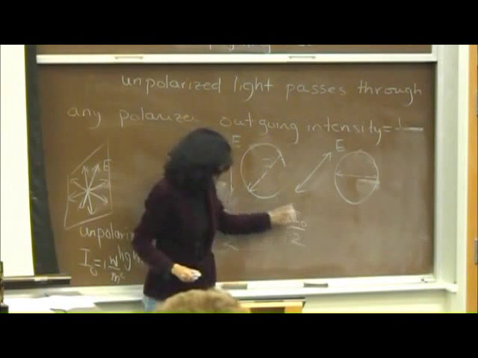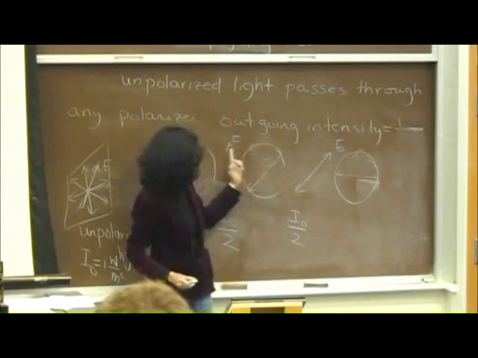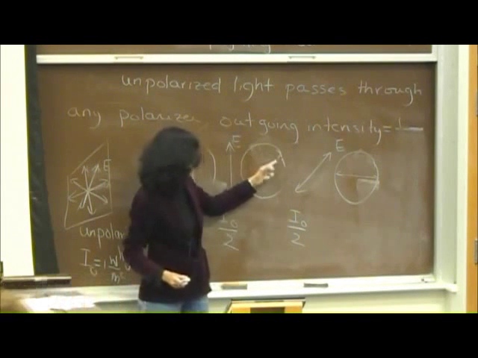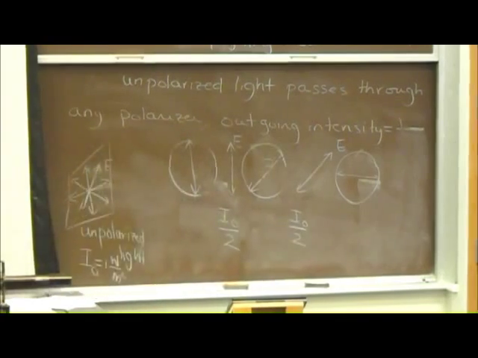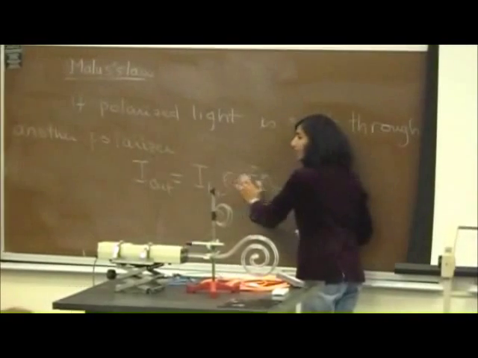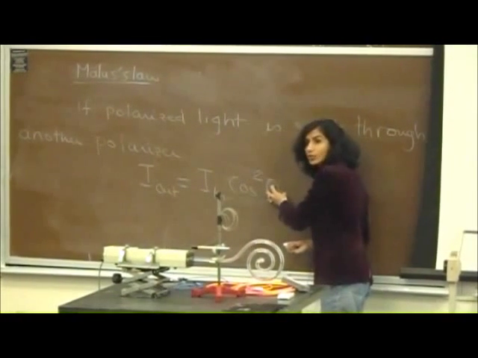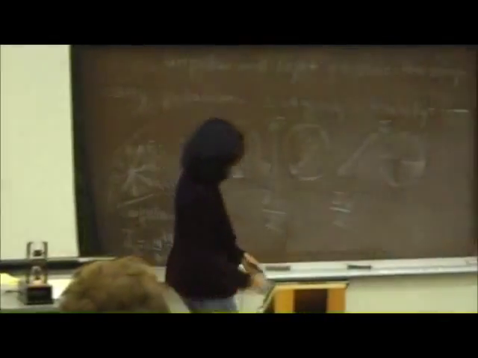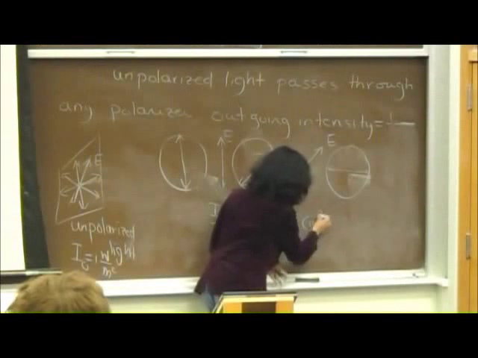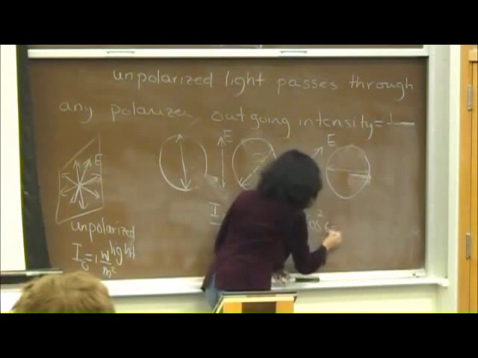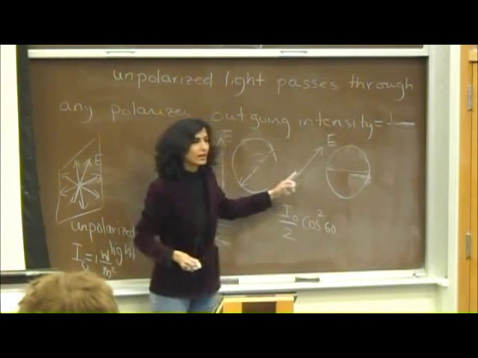It will be I0 over 2 times what? Yeah, it's E cosine theta, but we have to take cosine square. That's what Maxwell's law says, because the intensity is energy per unit area per unit time, and energy goes as electric field squared. That's why it's cosine square theta, not just the component of electric field, not cosine theta, but cosine square theta. So is everybody agreeing that this is the intensity of this light?